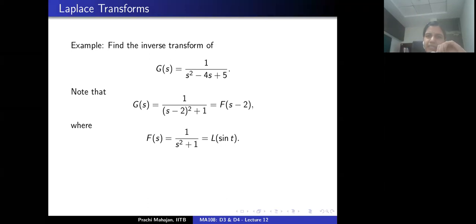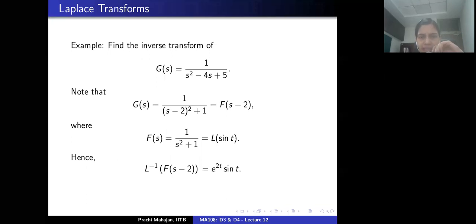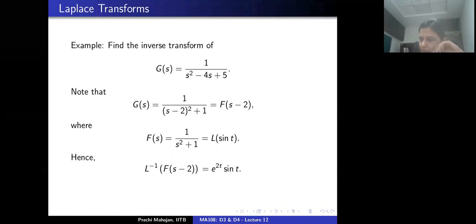So G is actually the Laplace transform not of sine t, but of a translate of that. So the inverse Laplace transform of G is precisely e^(2t) sine t, by one of the theorems that we discussed in the beginning of the class today. Is this okay? Everybody with me?